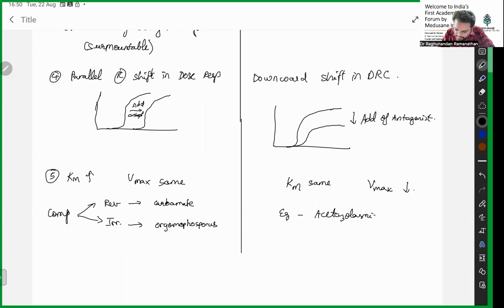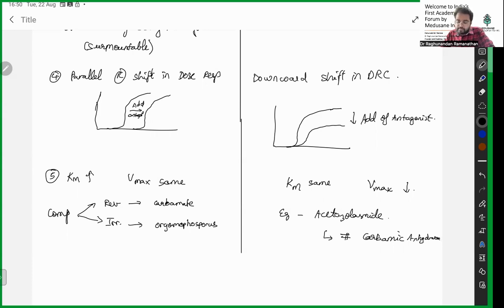Okay, now coming towards the non-competitive, example is going to be acetazolamide. What does acetazolamide do? It does non-competitive inhibition of carbonic anhydrase enzyme.